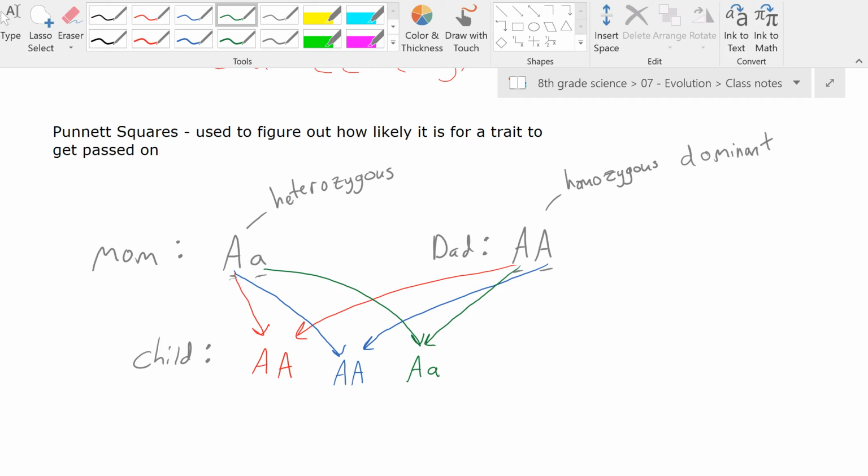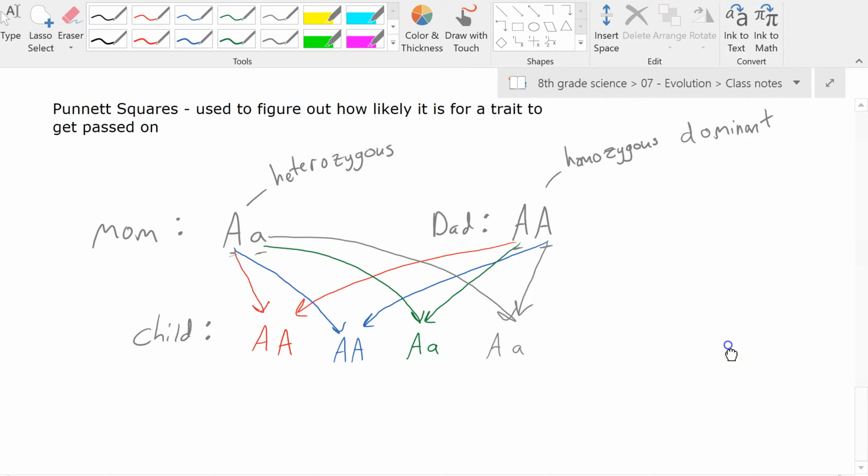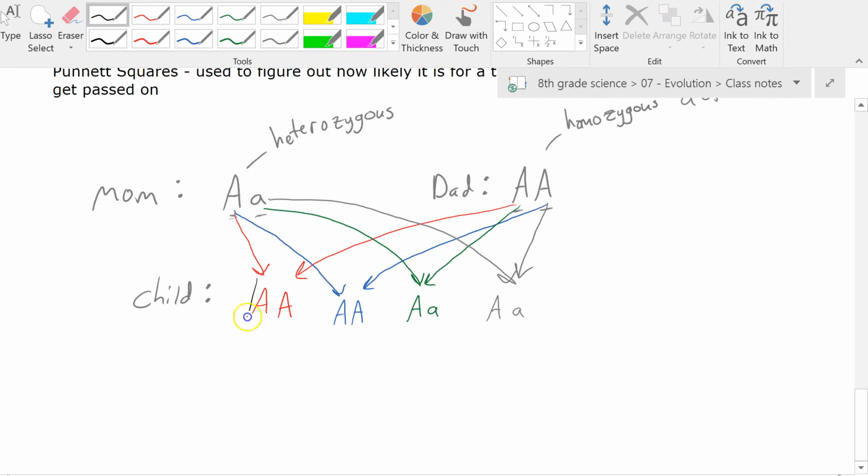And then last possibility on this one, mom gives her a little a, and dad gives this big A. And we end up again at one big and one little. So if we look at the child's possibilities, we have these two are the same.